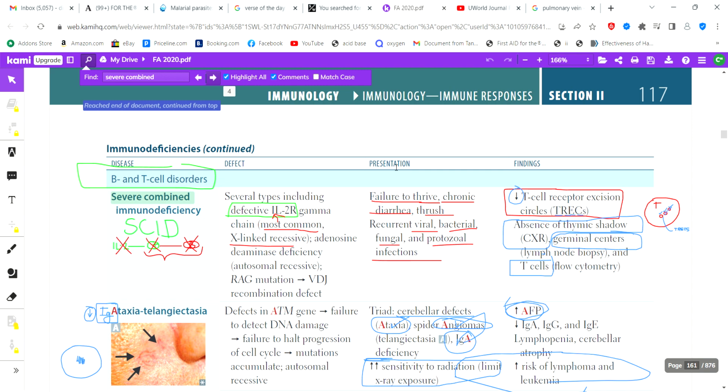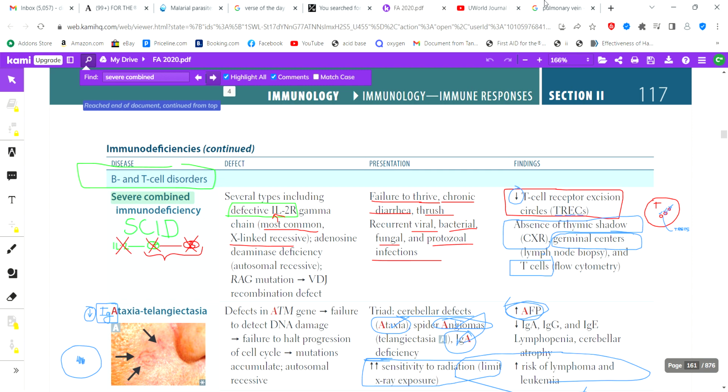Basically, the T cells will be absent in SCID. So in germinal center, the B cells will be absent, and the T cells will be absent in the paracortex. Maybe I can show you where that is here.